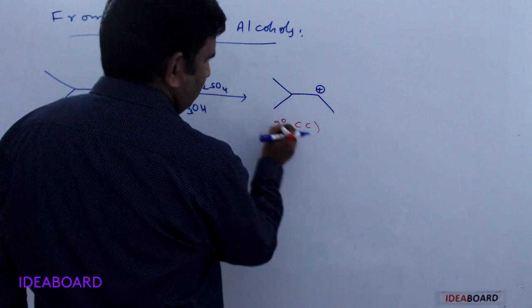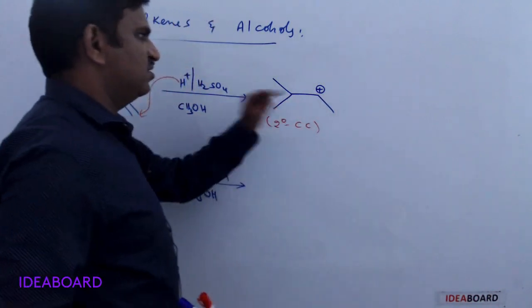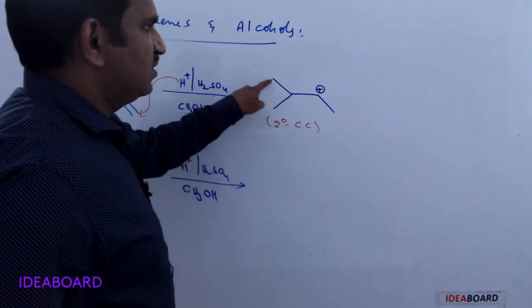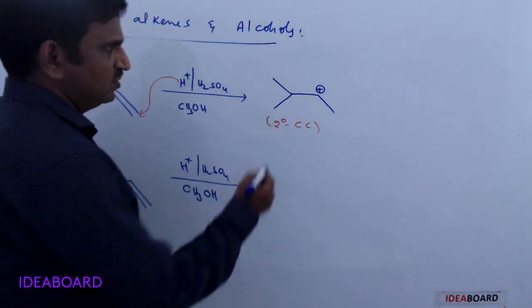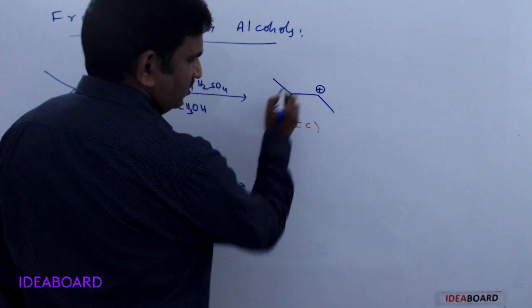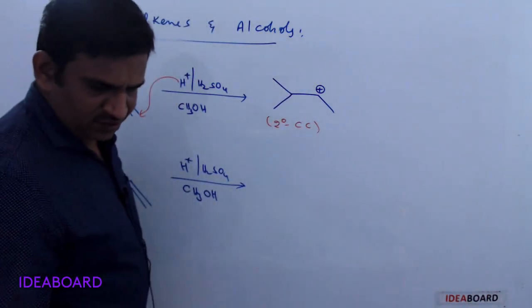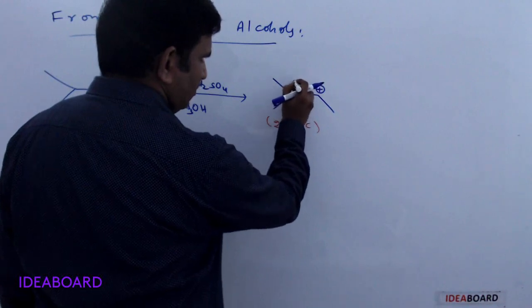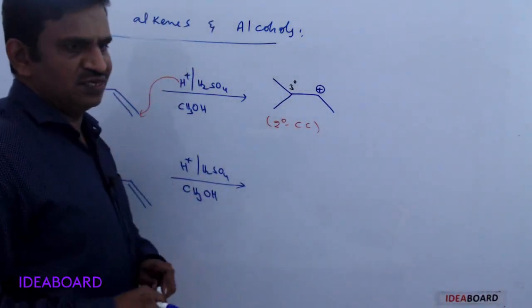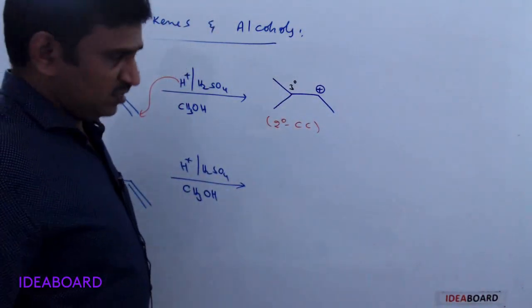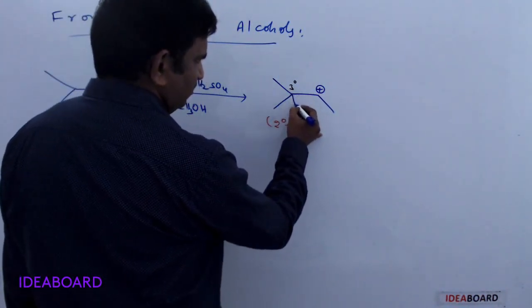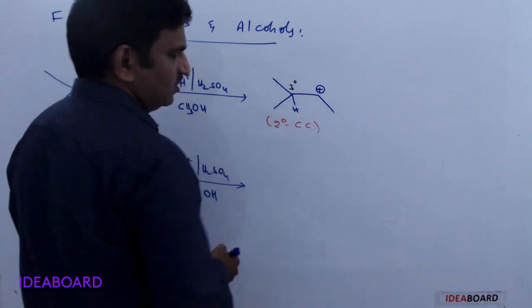For the secondary carbocation, the adjacent carbon is bonded with three other carbon atoms. So this is a tertiary carbon. Whenever a tertiary carbon is available adjacently, there is a chance for rearrangement. Here there is a hydrogen atom. One more hydrogen is present.